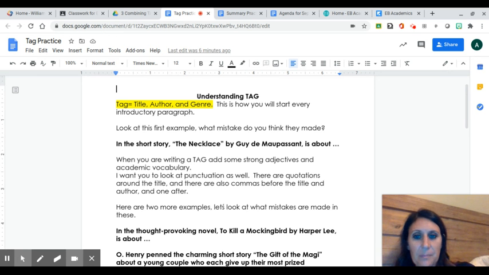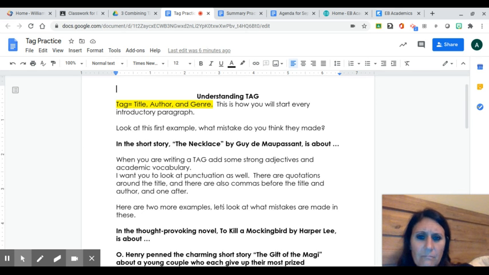That is very simple. This is how you're going to start every introductory paragraph. Now, it doesn't always have to be title, author, genre. It can be genre, author, title, or author, title, genre, or any way you can mix it up, but I think it's a lot easier to remember if you say tag and know that that acronym simply means title, author, and genre.